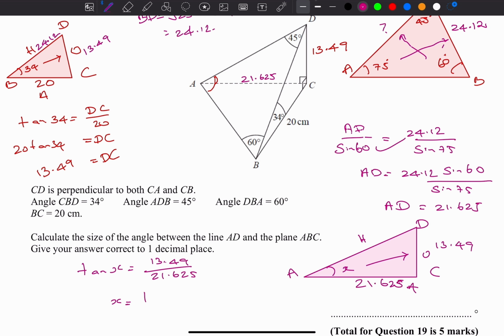X is just tan inverse of 13.49 over 21.625, which will make it, answer to 1 decimal place, 31.9. Some people might get, oh, it's actually 32.0. Okay, 31.9 is also okay.